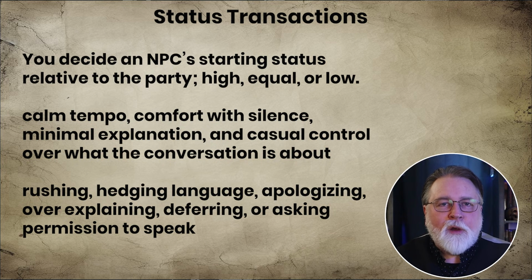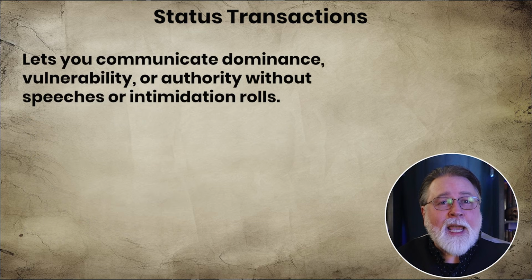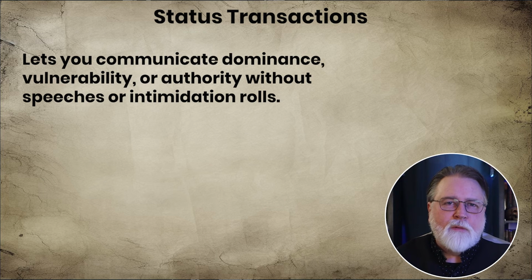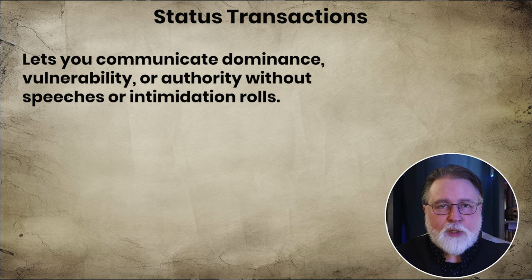High status behavior often appears as calm tempo, comfort with silence, minimal explanation, and casual control over what the conversation is about. Low status behavior often shows up as rushing, hedging language, apologizing, over-explaining, deferring, or asking permission to speak. What makes this technique powerful for game masters is that it lets you communicate dominance, vulnerability, or authority without speeches or intimidation rolls.